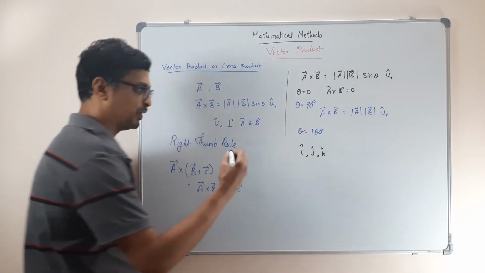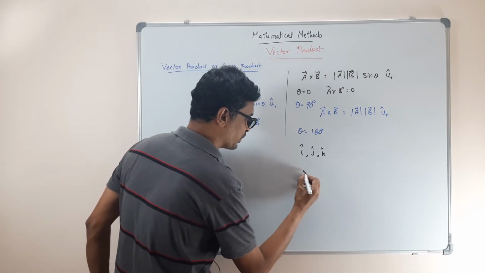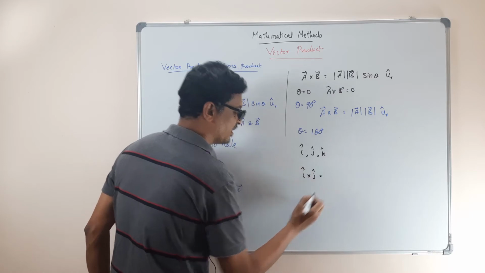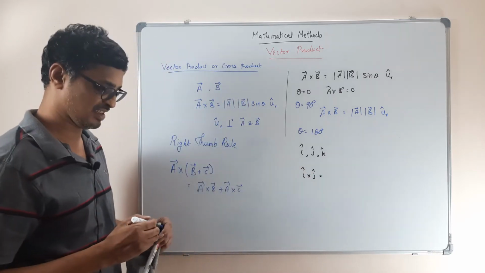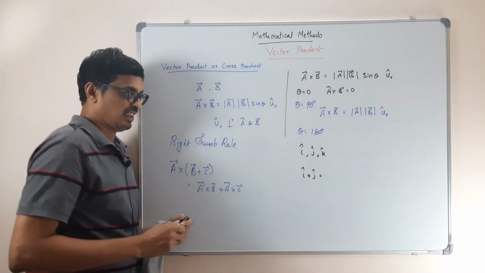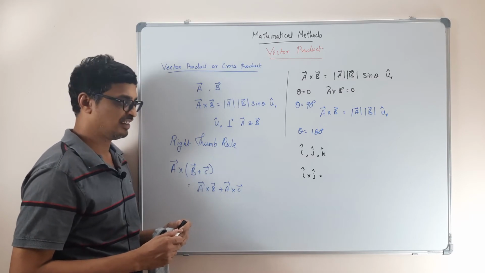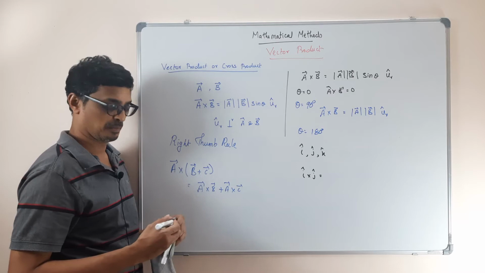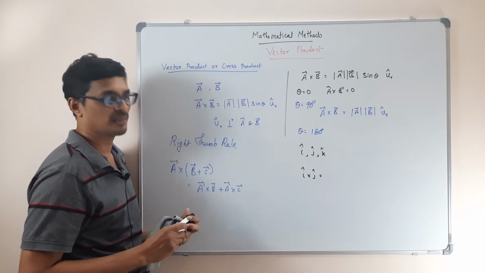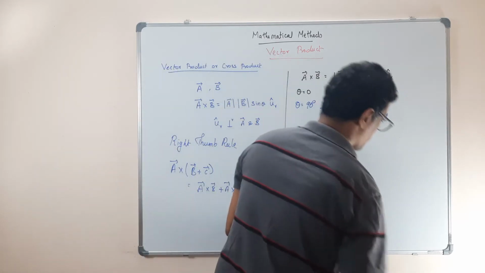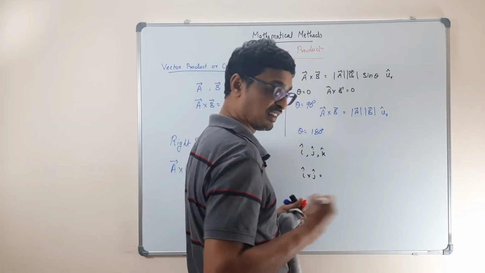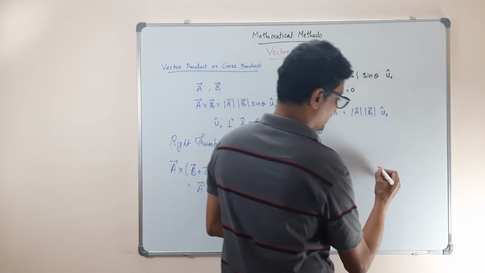Tell me what should be your I cap cross J cap? Of course, it will be at 90 degrees. Magnitude is 1.